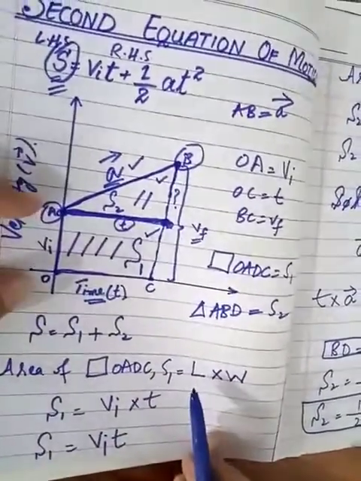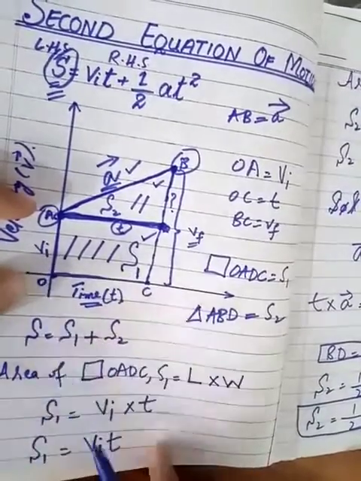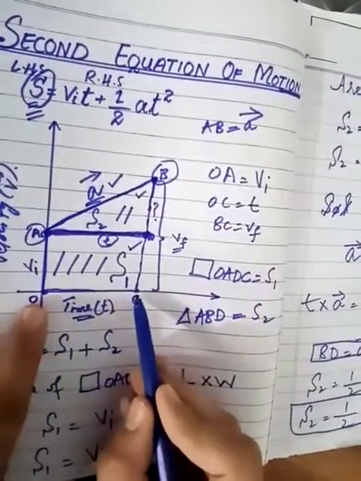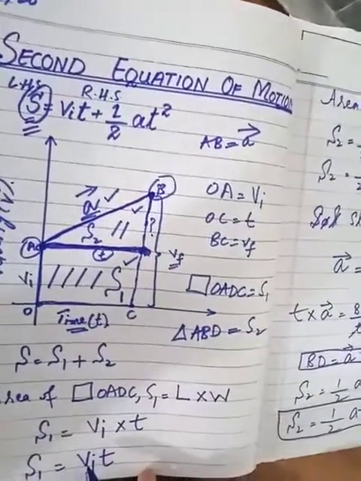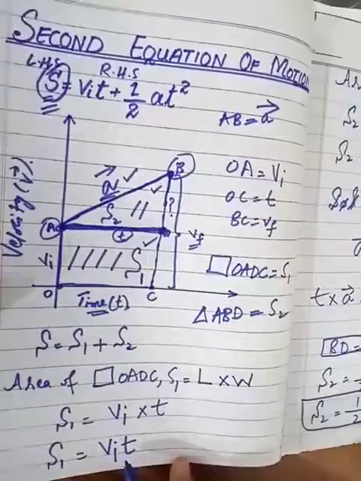So length is equal to initial velocity, while the width of the rectangle is equal to time. So S1 is equal to VIT, initial velocity multiplied by time.